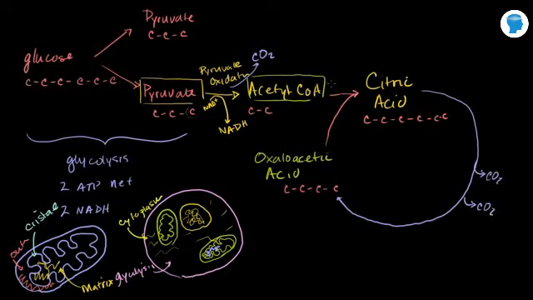When you do this whole process once, you're generating 3 molecules of carbon dioxide, but you're going to do it twice. You're going to have 6 carbon dioxides produced, which accounts for all of the carbons, right? You get rid of 3 carbons for every turn of this, well, 2 for every turn, but really for the steps after glycolysis, you get rid of 3 carbons, but you're going to do it for each of the pyruvates.